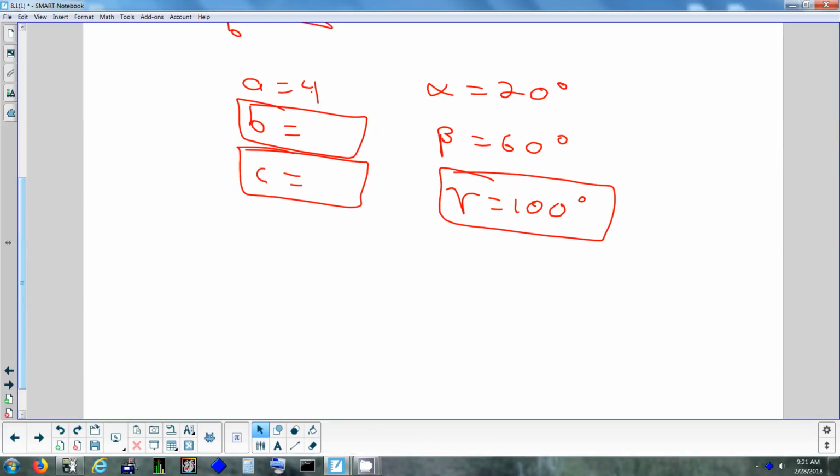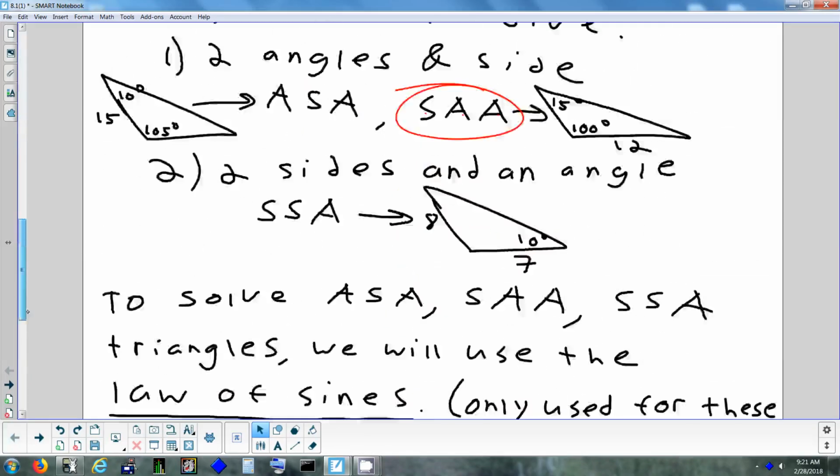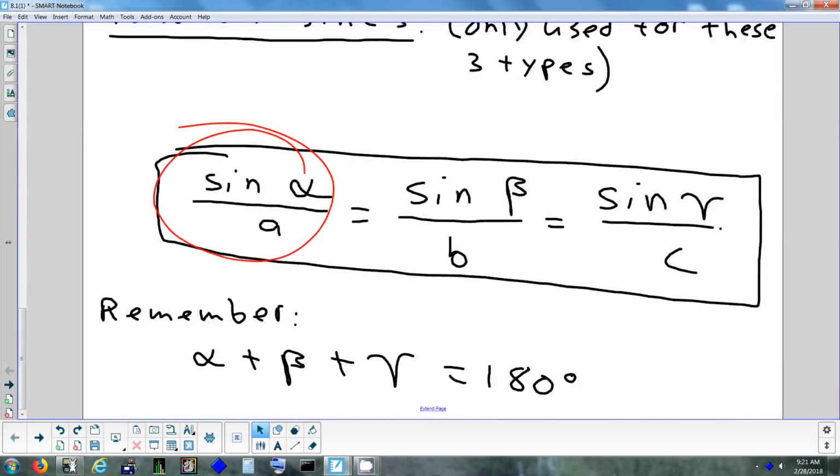Okay. So now we could find B or C. Let's do B first. Okay, so to find B, you're always going to use the row that has everything in it. So row A. I'm going to go back and look at my formula. This is the part of the formula I'm going to use, and then I'm going to use that.